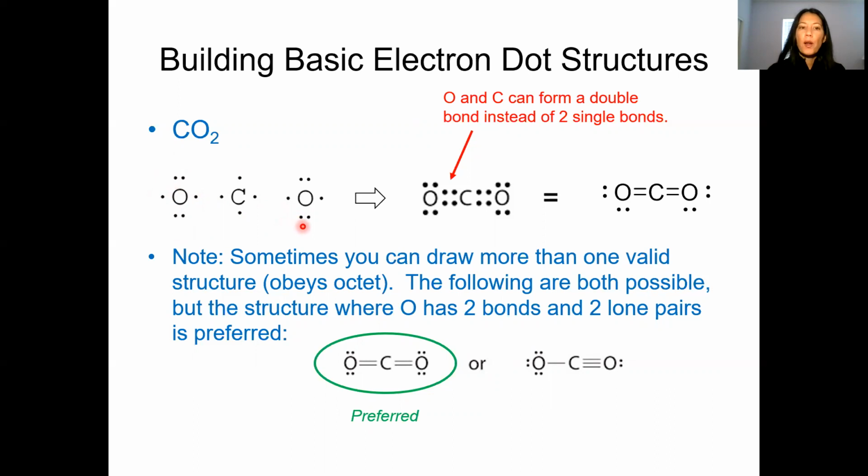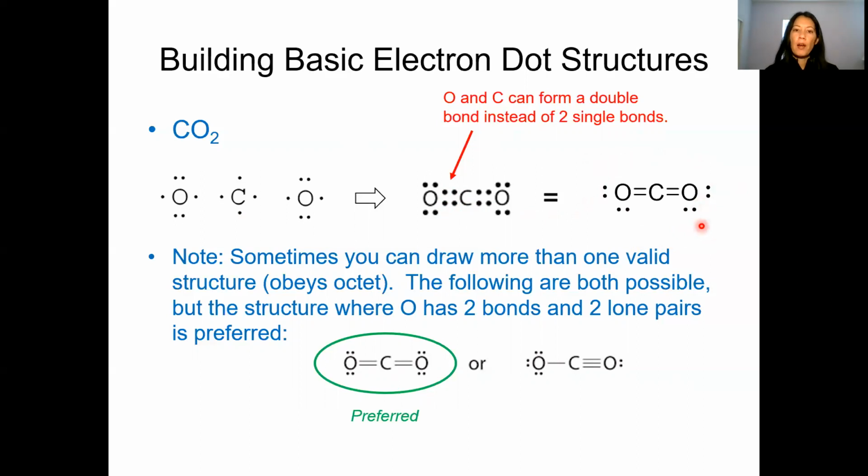And so one way to rearrange the electrons is, instead of oxygen forming 2 single bonds, it can use 2 electrons, and carbon can use 2 electrons, and they can form a double bond. You could do that to both sides. So since 2 electrons is a bond, you can show that structure written this way as well.